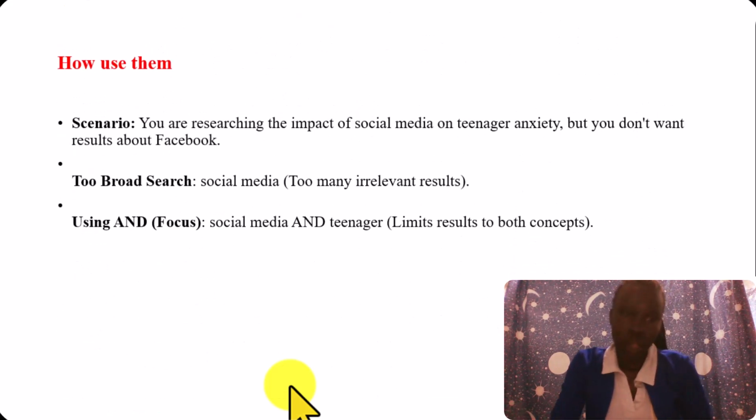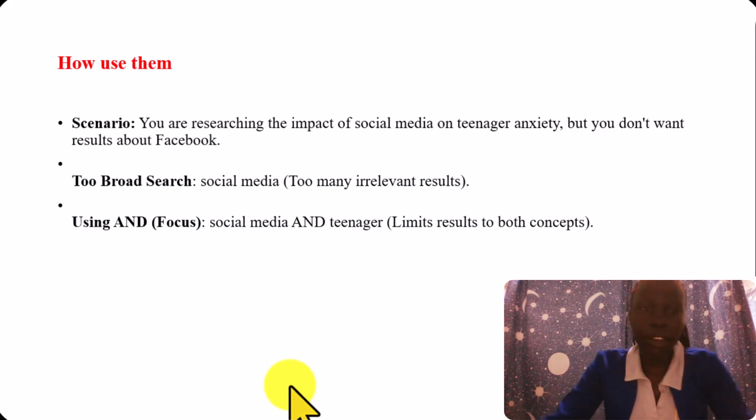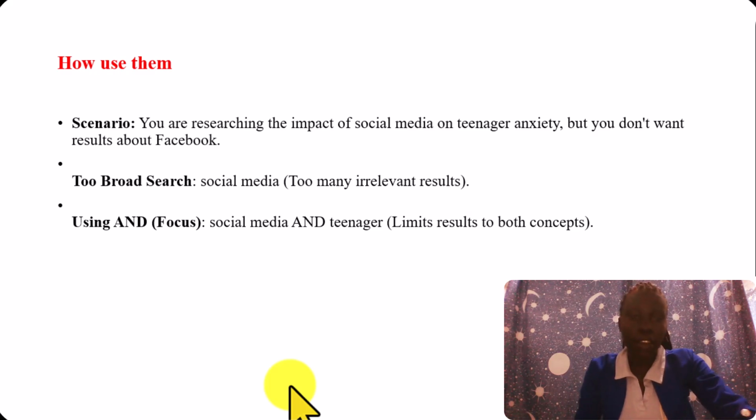So, a scenario: you are researching the impact of social media on teenage anxiety, but you don't want results about Facebook. A search for just social media is too broad, with too many irrelevant results. Then you use AND to focus: social media AND teenager, limiting results to both concepts.